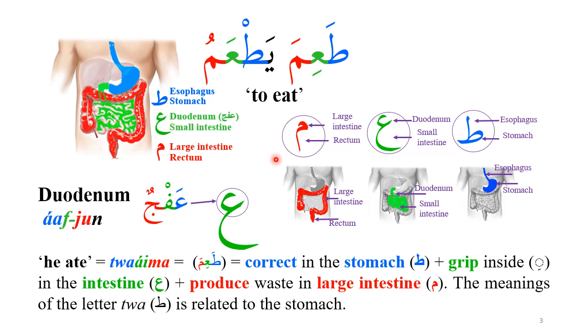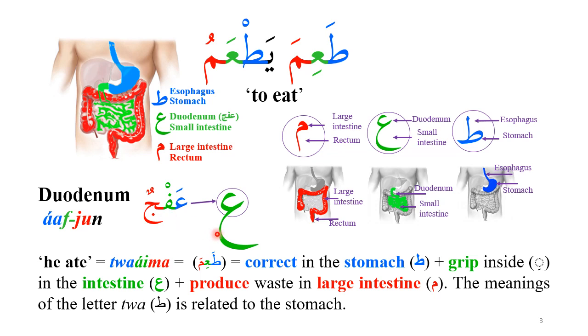Look at the ain, the upper part of the ain looks like the first part of the duodenum, and so you can see the duodenum, yeah, and the lower part looks like the rest of the small intestine. And interestingly, the duodenum in Arabic is called afjun, and this is a very difficult word to find in the Arabic language. It's astonishing to even think that Arabic has a word for a part of the small intestine such as the duodenum.